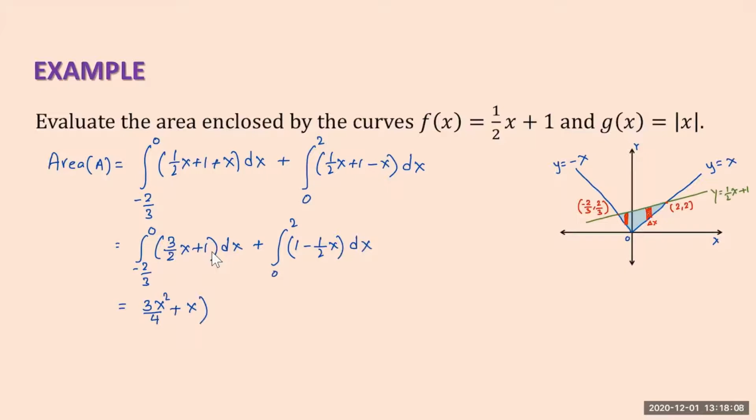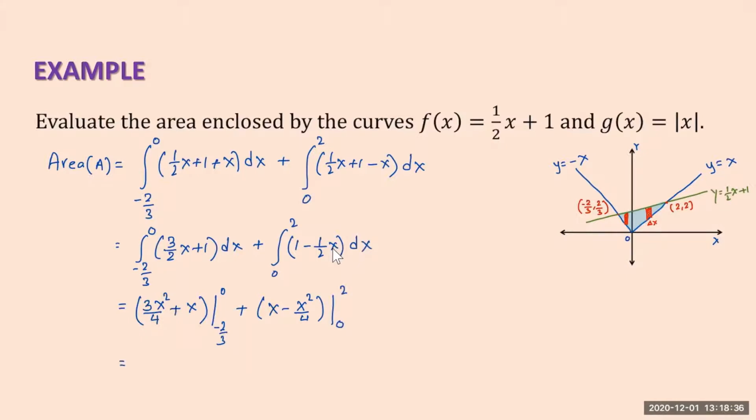And this must be evaluated between negative 2 over 3 and 0. Plus, over here when I integrate 1 with respect to x, that is x. Then minus, when I integrate this x, it will be x squared over 2, there is a half, so it will be x squared over 4. This should be evaluated between 0 and 2.